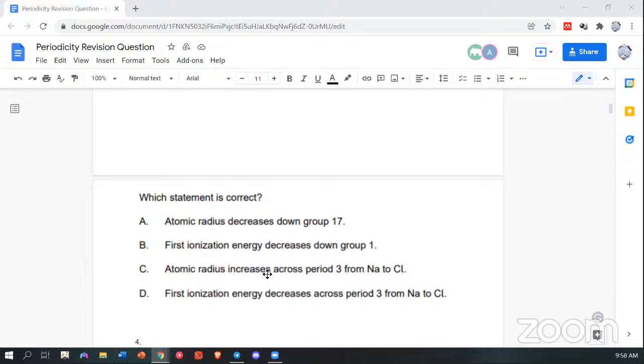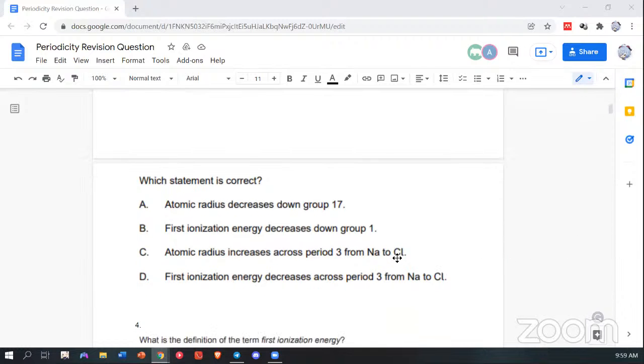Kita fikir logik dia akan ada sama shell ataupun period dia akan sama 3, but then kita akan tengok elektron dulu. Okay, elektron dia kalau cross dia akan bertambah, but then the nuclear charge or the proton in the nucleus also bertambah, meaning that the attraction force of the nucleus to that of the what we call the valence electrons will also increase.